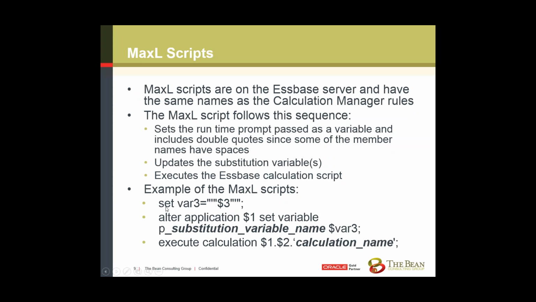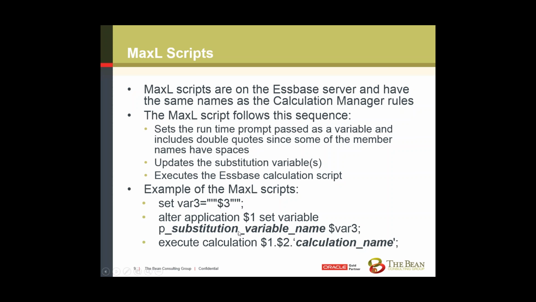As an example here, we pass in the variable. We use double quotes in the event of member names that have spaces and that sort of thing, so we have this additional set of quotes around it to manage that potential issue. And this $3 is just one of the parameters that we've passed into the MaxL script. We set this variable to the value that was passed into the MaxL script.